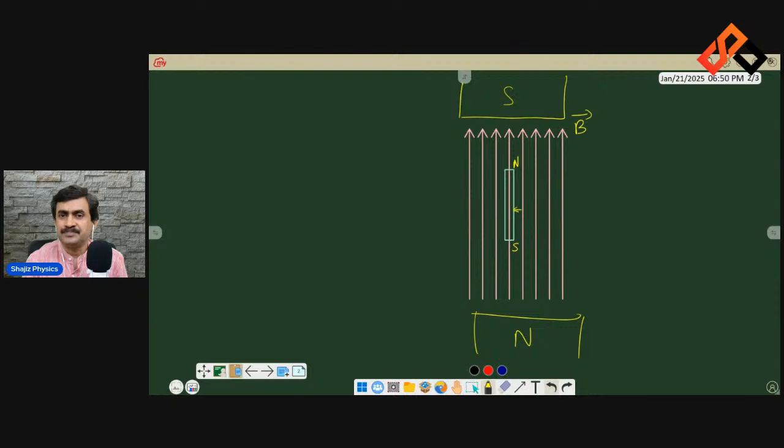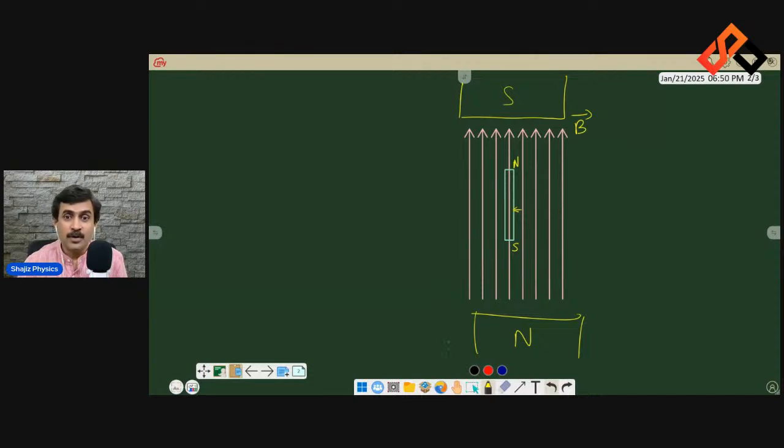This will be the tendency of the magnetic dipole. Now, in this position, it is at the most comfortable position because north is near to south, and south pole is near to the north pole. So the repulsion is minimum and attraction is maximum. So it is in the most comfortable position.